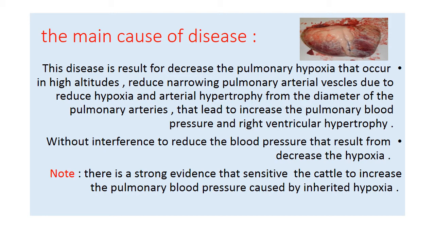And now, often the clinical cases develop in the first 3 or 4 weeks after moving from low to high altitudes, and maybe this 3 or 4 weeks is the average time for this.